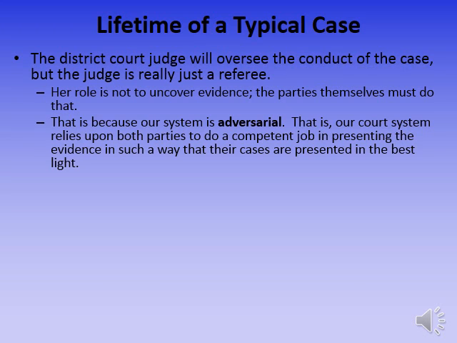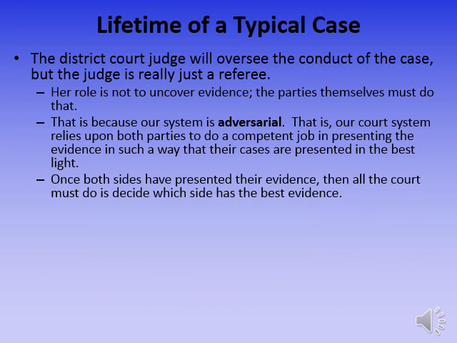Then the defendant's attorney will get up and present the defendant's case in the best possible light. The judge is basically there as the referee to oversee that both parties are following the rules and that everything is being done in an orderly manner. Once both sides have presented their evidence, all the court has to do is decide which side has the best evidence, and that's how we will decide the case.